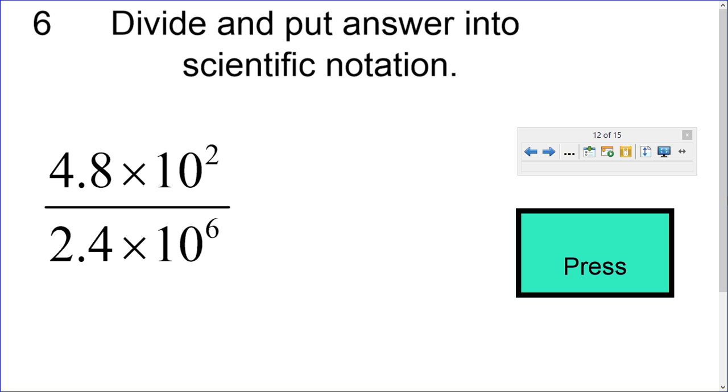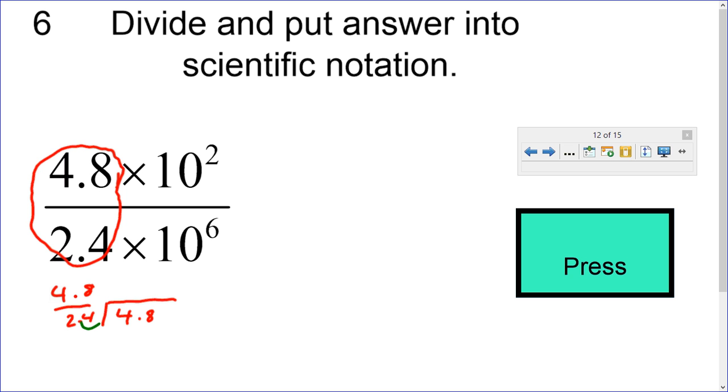So now we're going to divide our coefficients, and that's the first number. So we're going to take 4.8 and divide that by 2.4. I remember somebody said kick it off the roof, put it in the house. And now we got to move our decimal point.